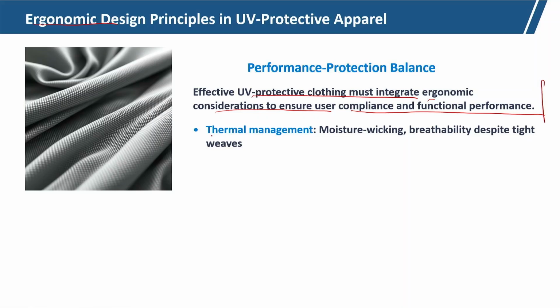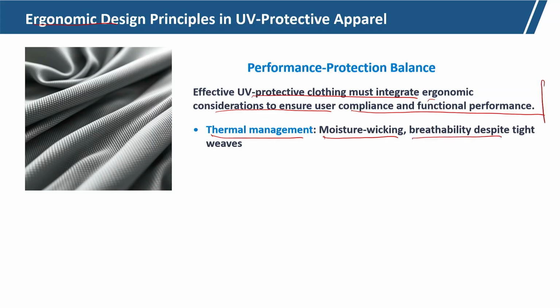So, thermal management must be there. It should not prevent the body heat or body moisture vapor from transmitting out. It should be breathable, and moisture wicking, it should have a good wicking property.